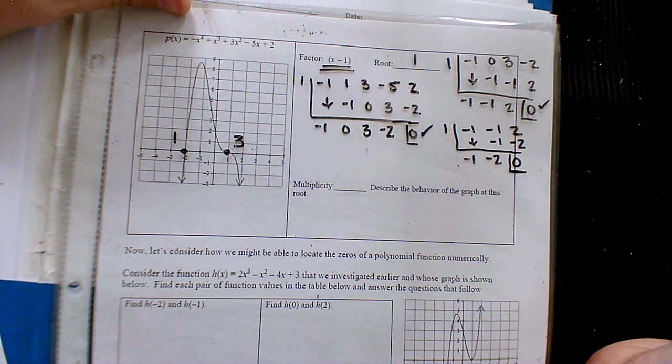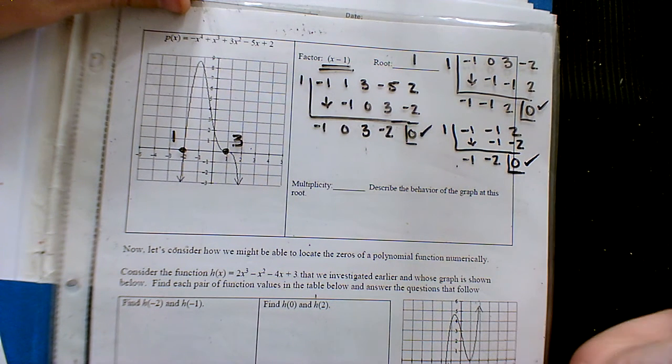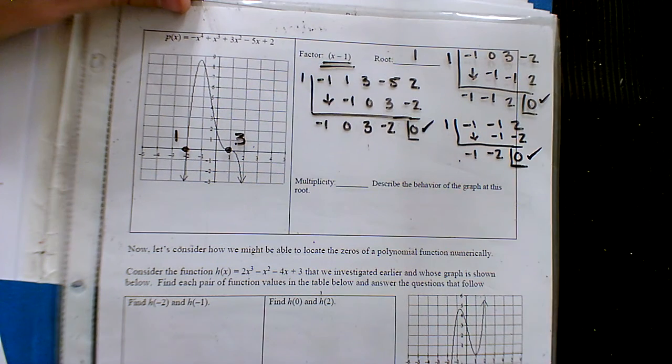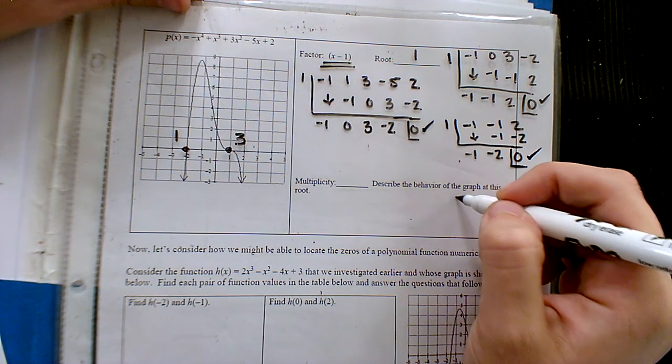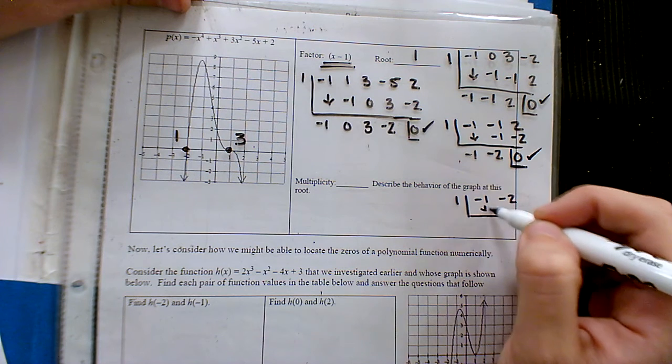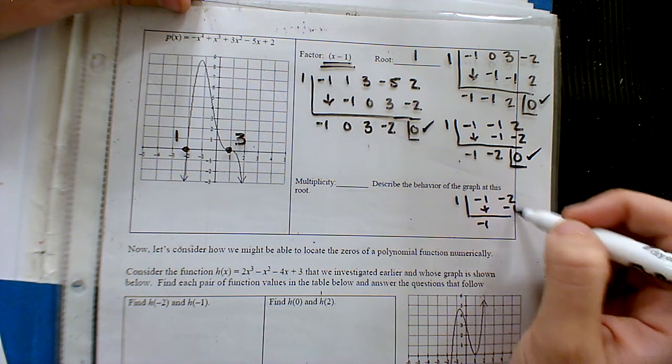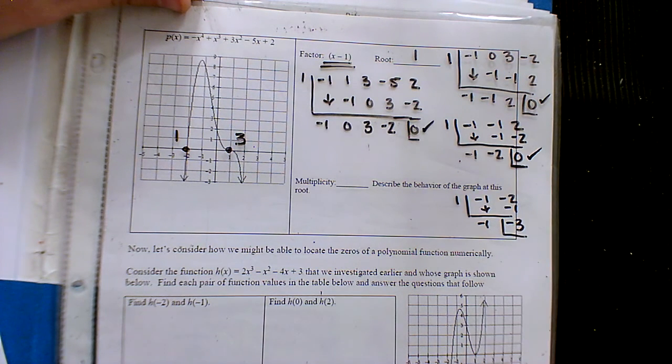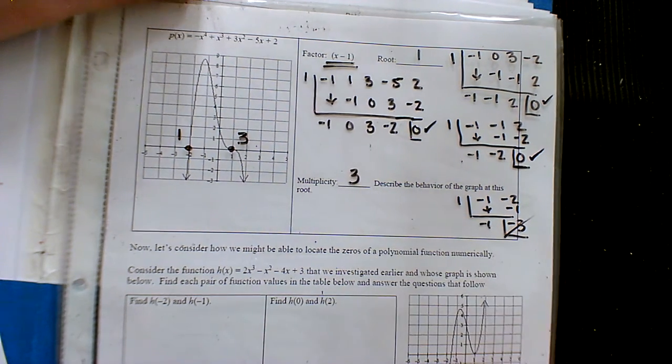Factor 3 times? Yep. All right, now I told you we're stopping at 3, right? Okay, nothing more than 3, but it would be in our best interest to just check it again to confirm that. Factor 4 times? Nope. Okay, so multiplicity of 3.